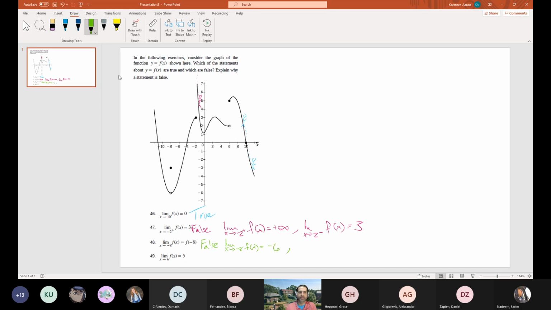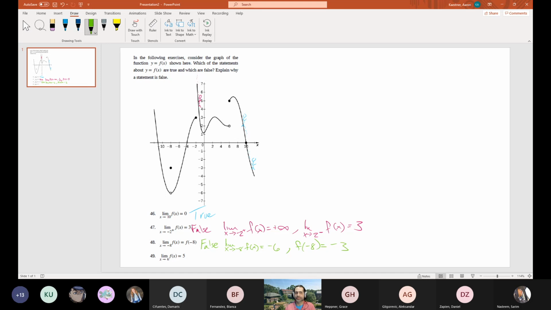But f of -8, where the function takes its value, is at the closed dot, which is -3. -6 and -3 aren't the same number, so those two can't be equal to each other.